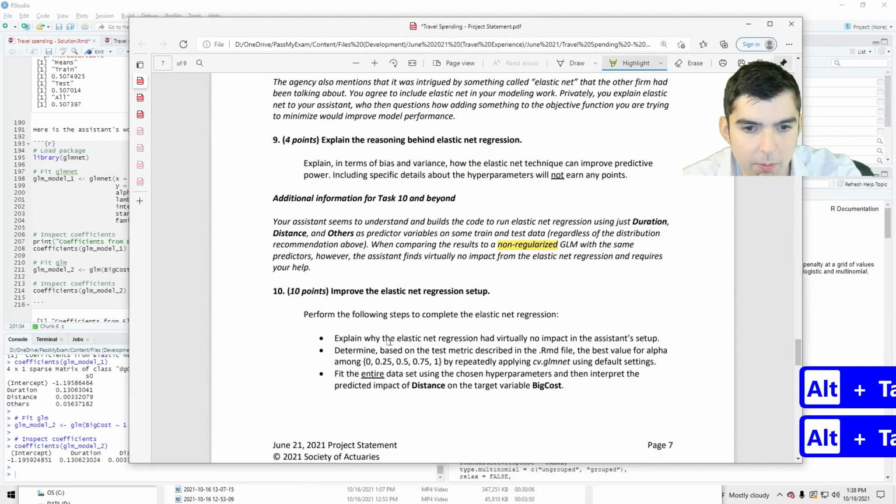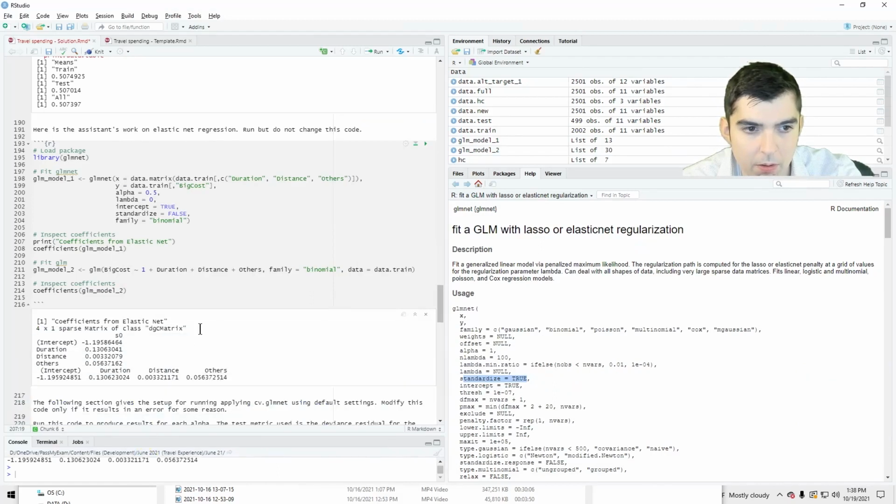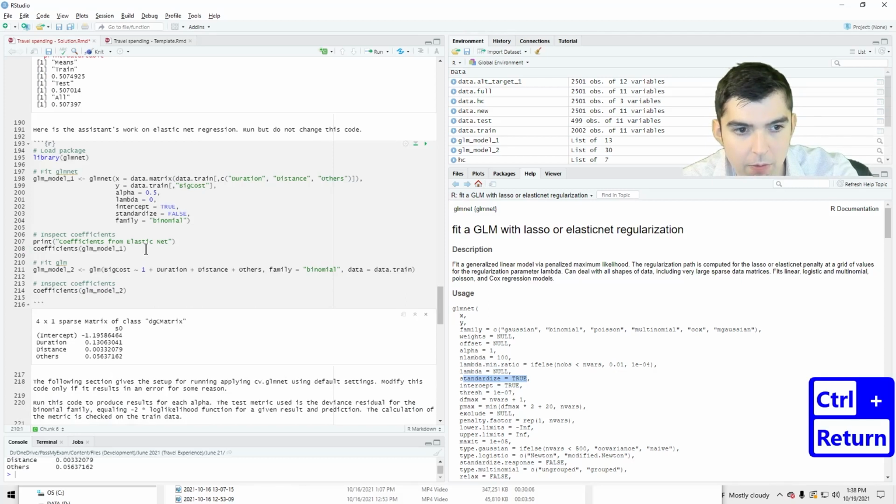So it says, explain why it had virtually no impact in the assistant setup. Oh, so if you look at the coefficients of GLM model 1, which is a glmnet, you can see that the intercept's -1, duration's 0.13, distance 0.003, others is 0.056.